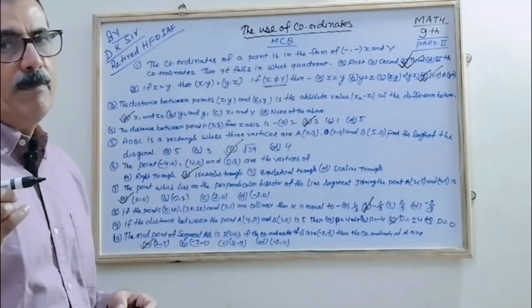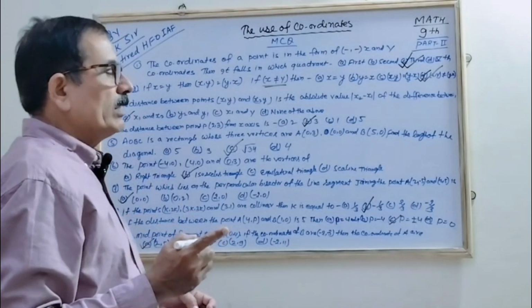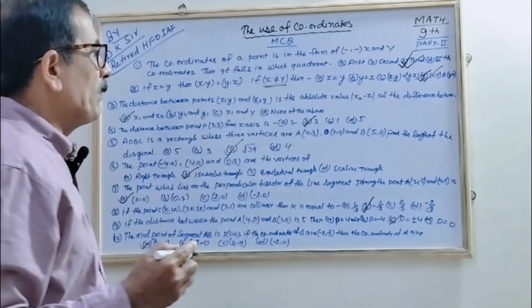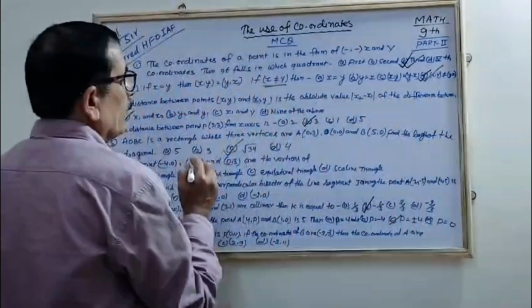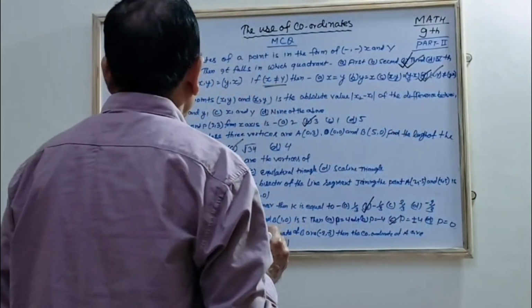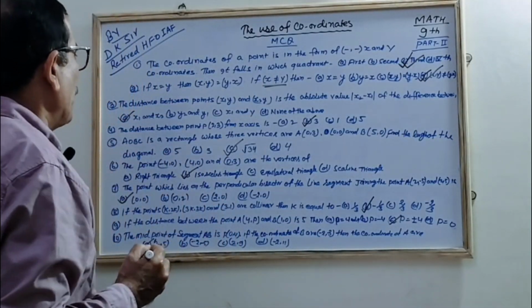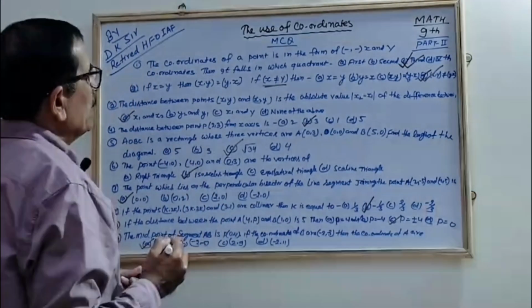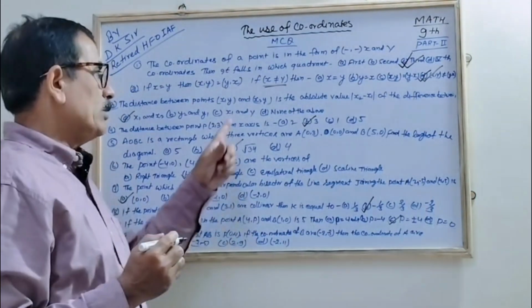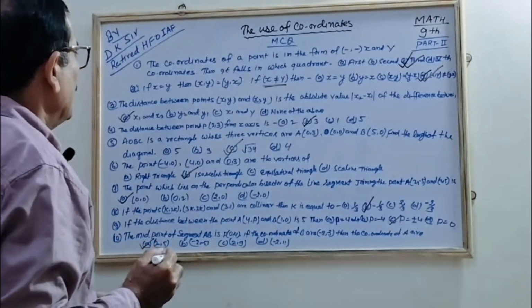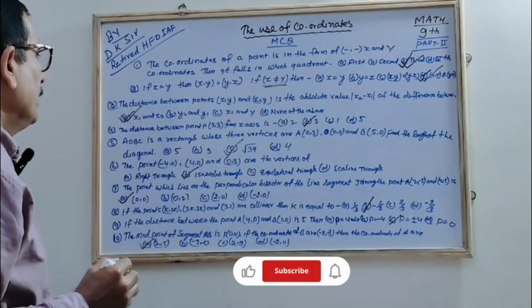You remember, when we talk about absolute values, we are not bothered about the sign, whether it is plus or minus, of the difference between them. So what will be the answer? The distance between the points will be the distance between x1 and x2. Correct. The first is the answer, x1 and x2.